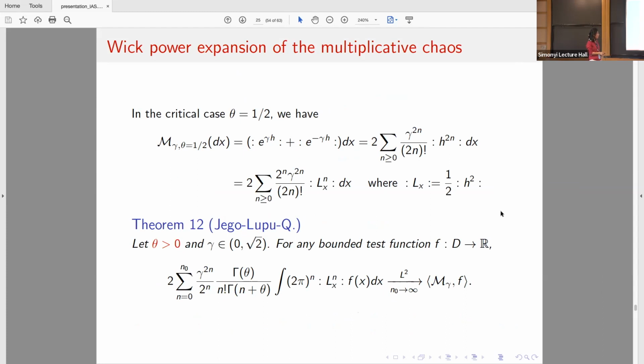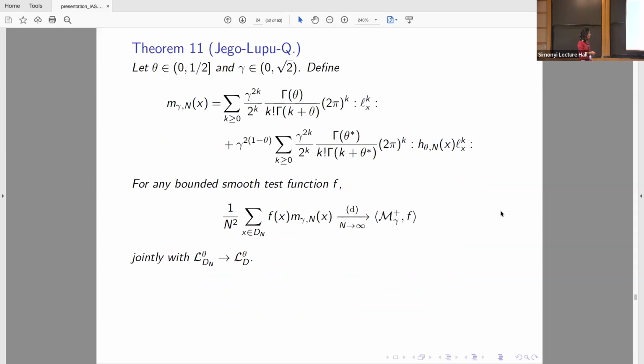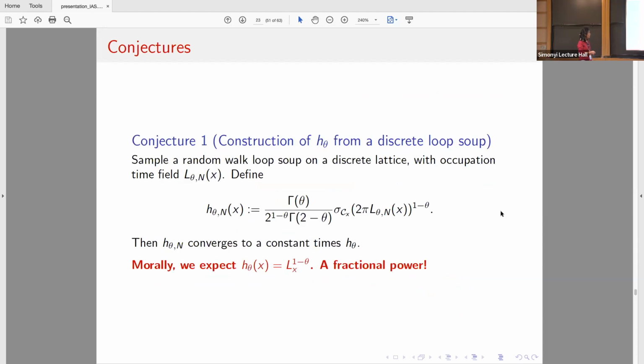And this is also the analog of the extension of this theta equal to 1/2 case, where you have the hyperbolic cosine of gamma h, and you also have such a series expansion on the local times of the loop soup. So this shows why both conjectures are reasonable, and this field is intuitively a fractional power of the local time field.